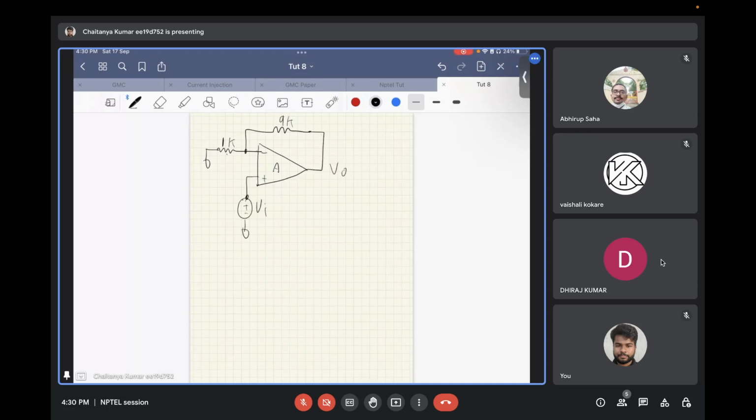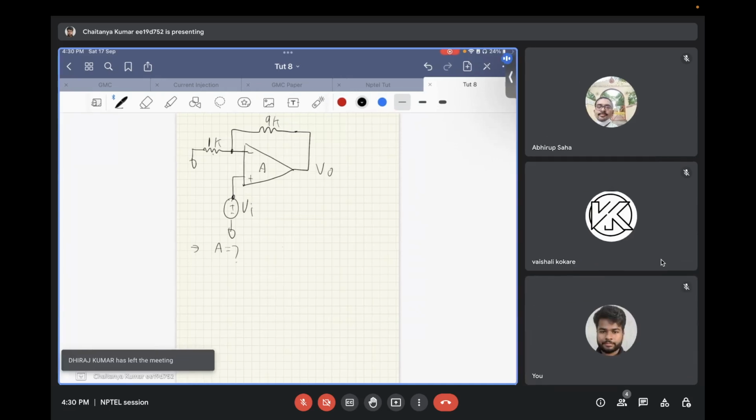In the question, what is asked is: what will be the A so that 100 times (ideal minus real V naught by Vi) is less than 1.